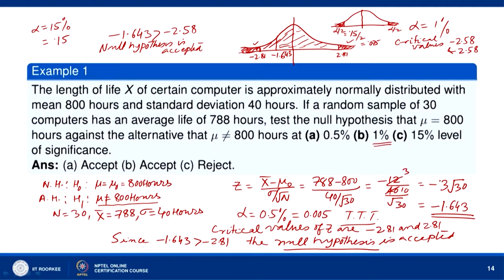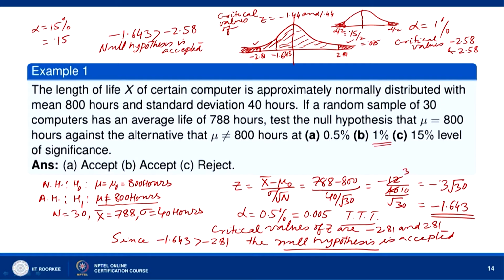For this 0.075, the critical values of Z are minus 1.44 and plus 1.44.